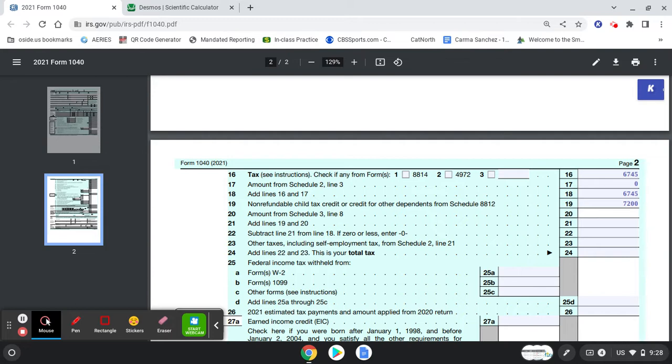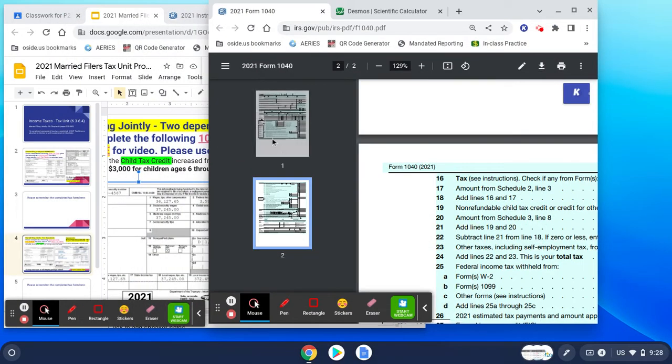Amount from Schedule 3, nothing. Add lines 19 and 20. Subtract line 21 from line 18. So 7,200 minus 6,745.